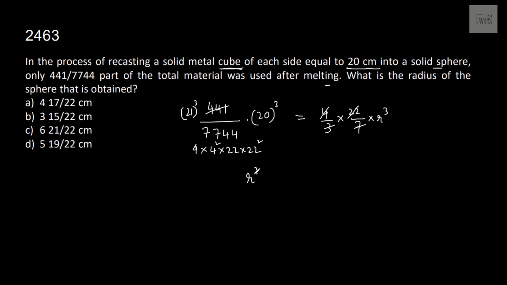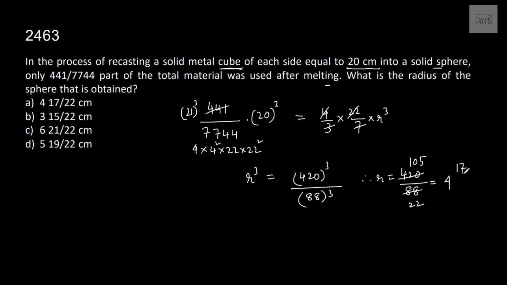That means r cube is equal to 21 into 20, that is 420 whole cube, divided by 22 into 4, that is 88 whole cube. Therefore, r will be equal to 420 by 88 or 105 by 22, that is 4 and 17 by 22 centimeters. 4 17 by 22, and that is in option A.